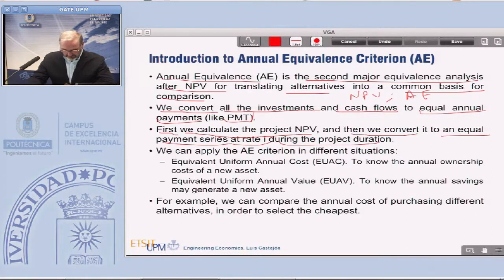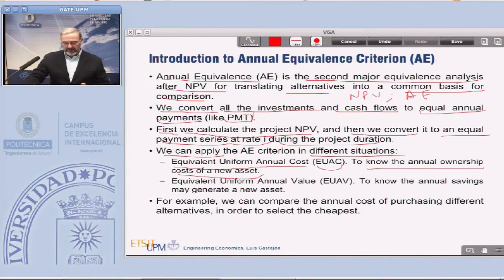Once we have calculated the annual equivalent of a project, we can apply it in different situations. The first one is the equivalent uniform annual cost, the EUAC, to know the annual ownership cost of a new asset.